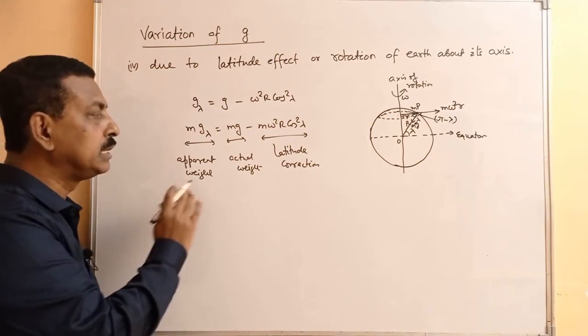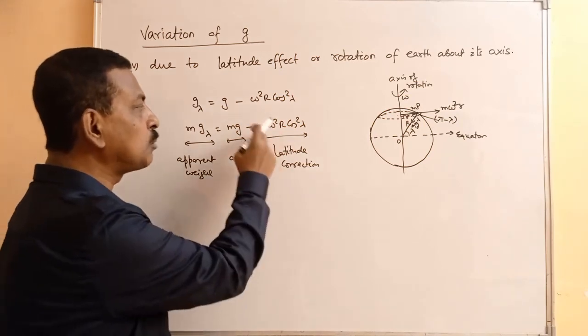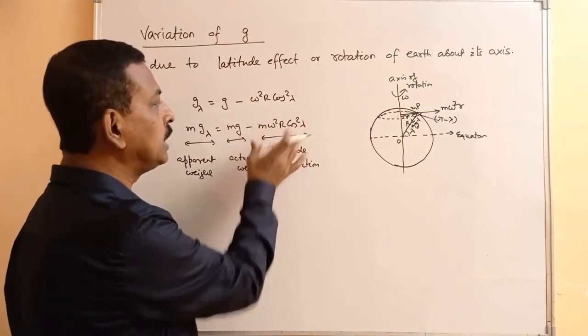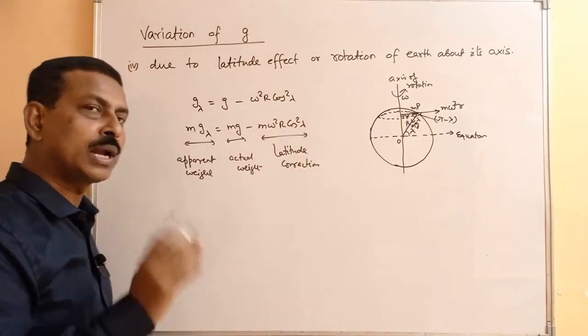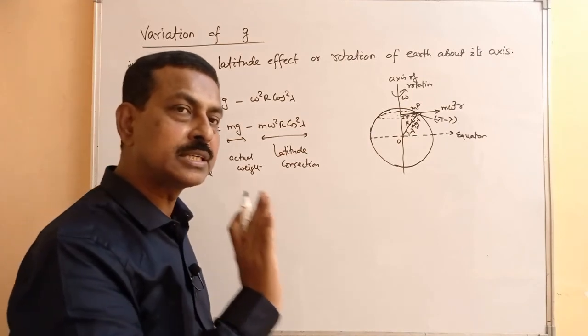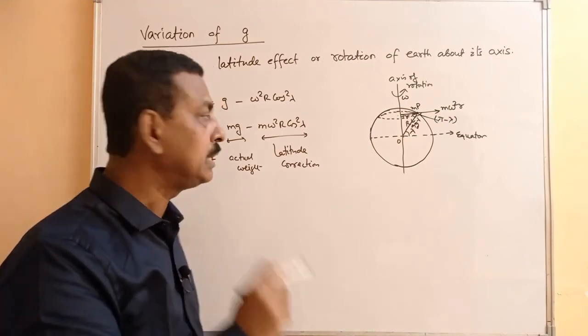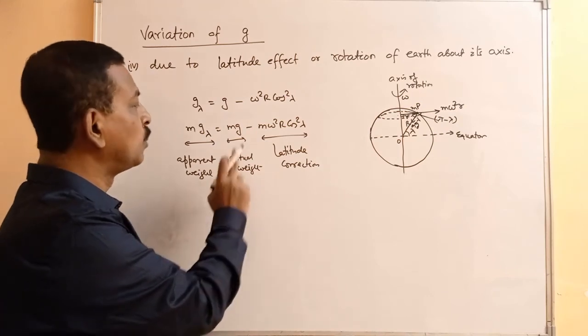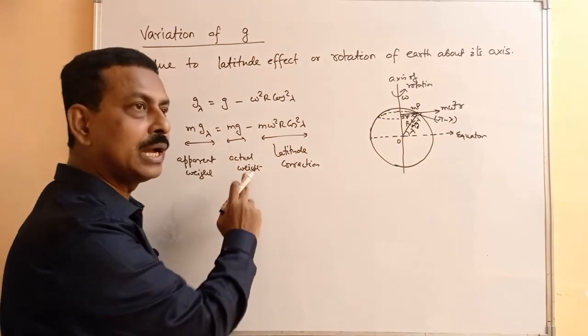So you can see from the actual weight some quantity is subtracted. This quantity m omega square r cos square lambda is the term which is getting subtracted. So obviously the apparent weight will always be less than the actual weight.